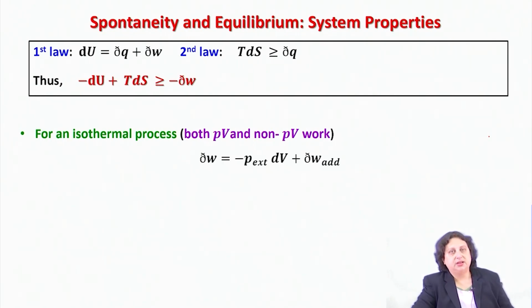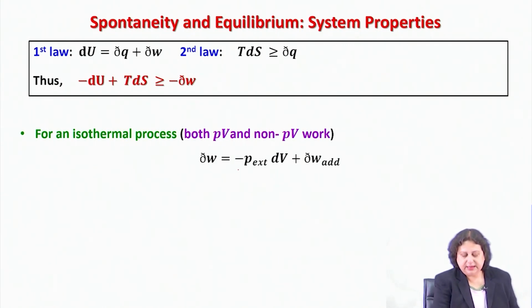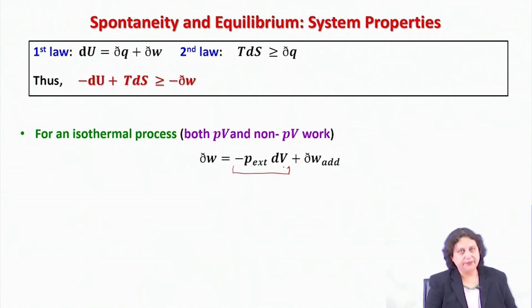Under such condition, I can very easily write down that if I change the volume of the system by an infinitesimal amount dV, then what is dW? dW is a sum of the pressure volume work, which is minus P external into dV by definition, and then an additional amount of work, which is once again an infinitesimal quantity and an inexact differential. And this is what I represent here by dW add.